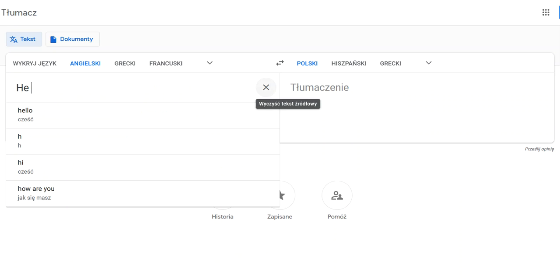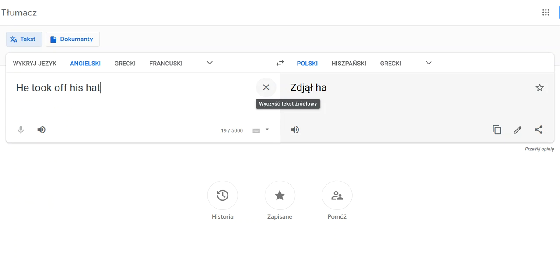Okay, he took off his hat, lit a cigar, and sat in an armchair.